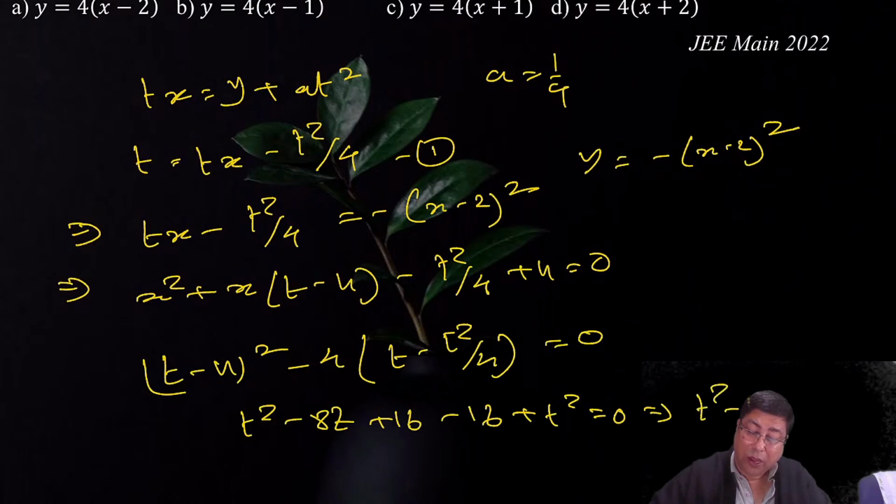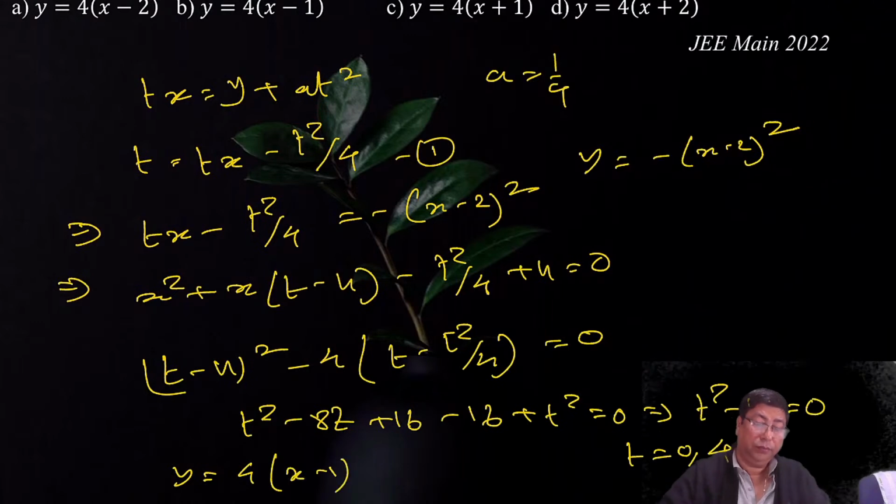Therefore, t square minus 4t equal to 0. So t equal to 0 or 4. From the equation tx equal to y plus at square, we can just put the value. The final answer is y equal to 4 into (x minus 1).